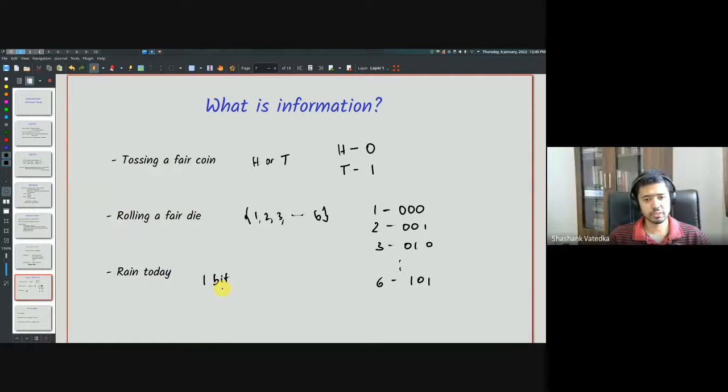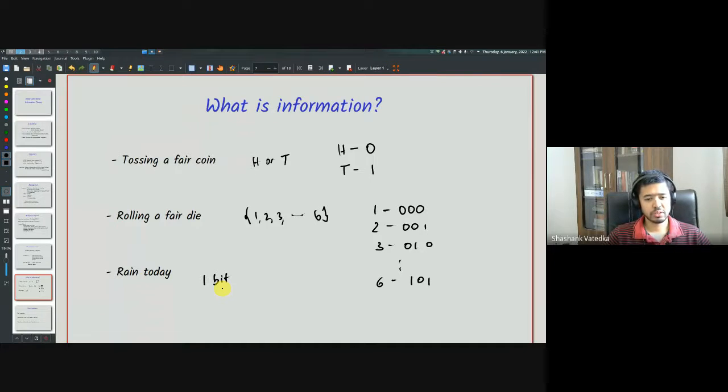Let's say that I wanted to guess what the outcome is going to be. It's easier to guess the outcome of whether it's going to rain today than it is to guess the outcome of tossing a fair coin. If I try to guess the outcome of a fair coin, there's a 50-50% chance that I'm going to go wrong. Whereas I know that it's sunny today, so if I had to guess whether it is going to rain today, I'm going to say no, it's not going to rain, and with very high probability I'm going to be correct.